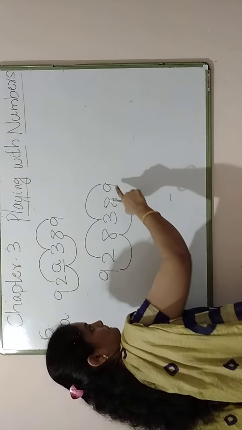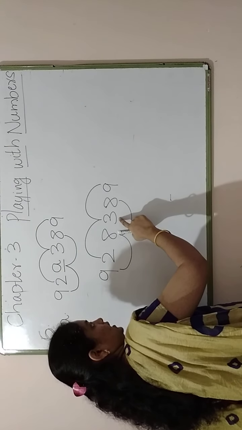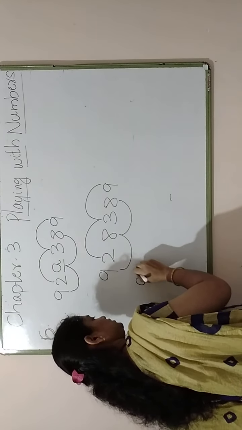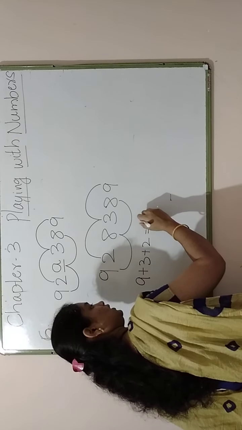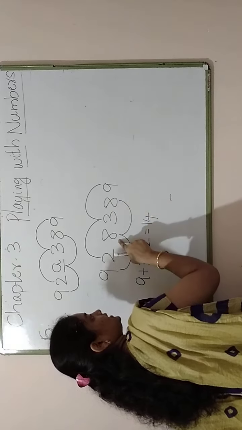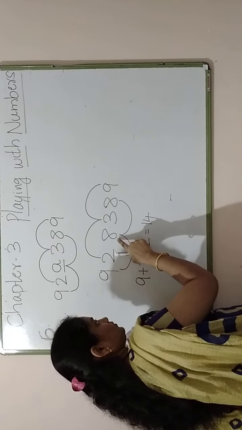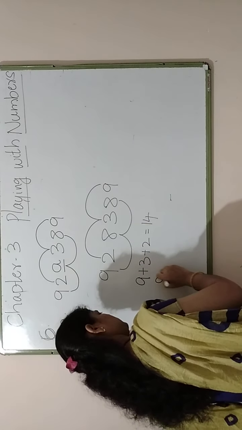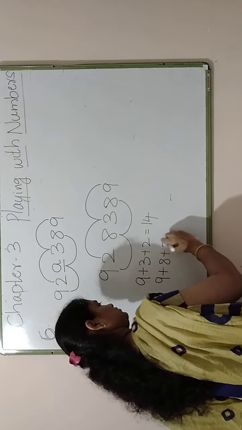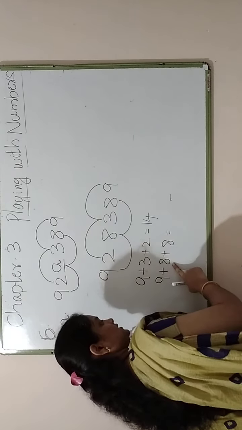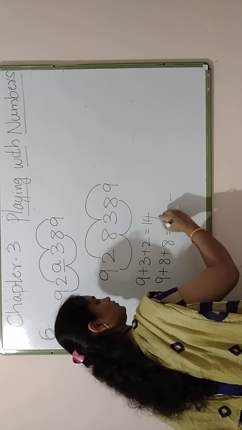Okay, now 9 plus 3 plus 2, that is 14. 8 plus 8, 16 plus 9. That is 8 plus 16 plus 9 is 25.